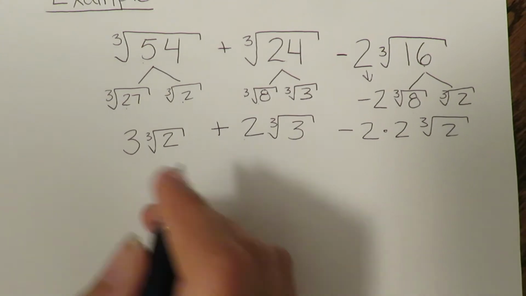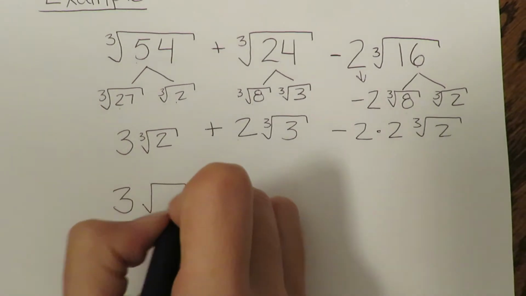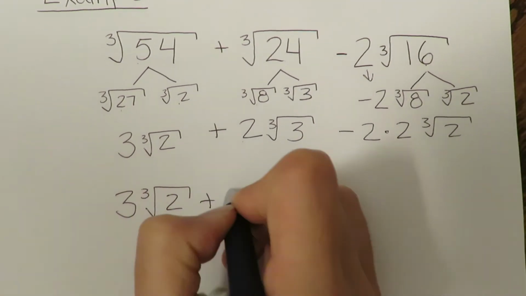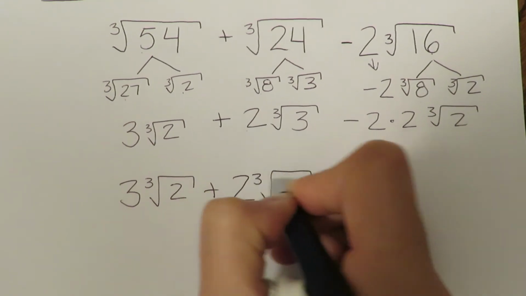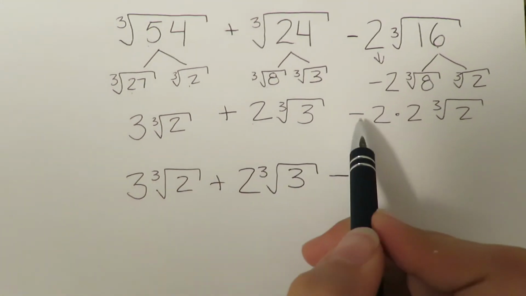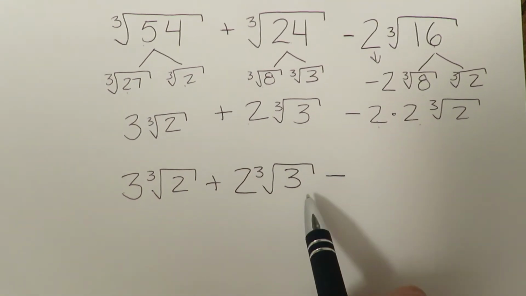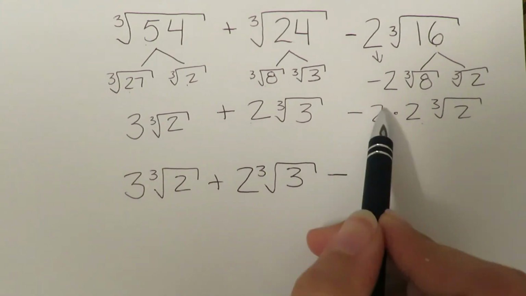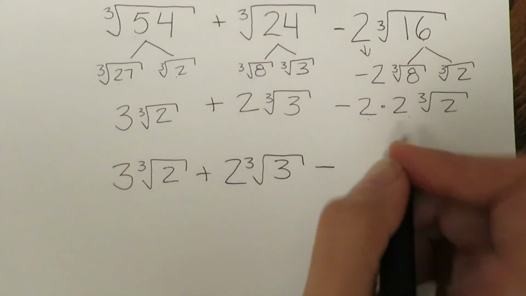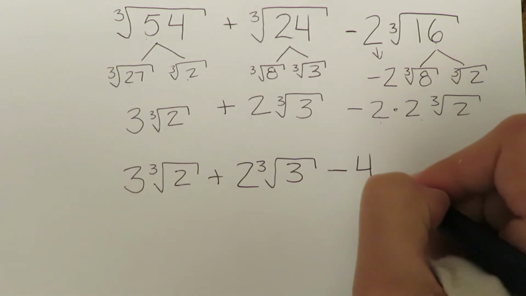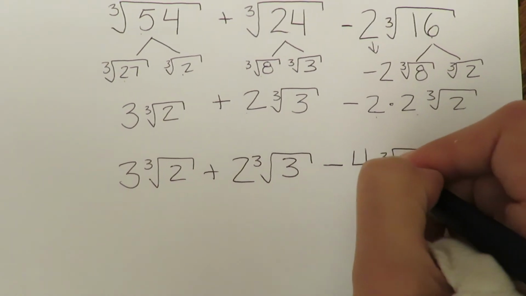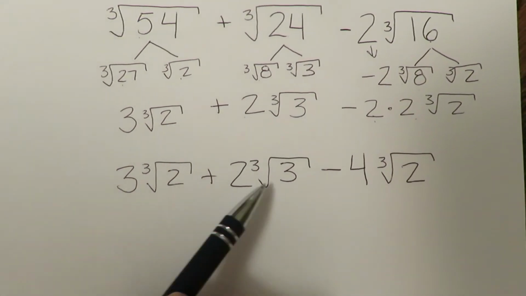If I simplify this down one more time, I have 3 times the cubed root of 2 plus 2 times the cubed root of 3 minus 2 times 2, which is 4, or I can think of it as -2 times +2, which is -4 cubed root of 2. So now my simplifying is all done.